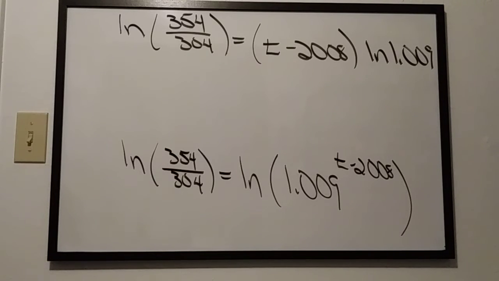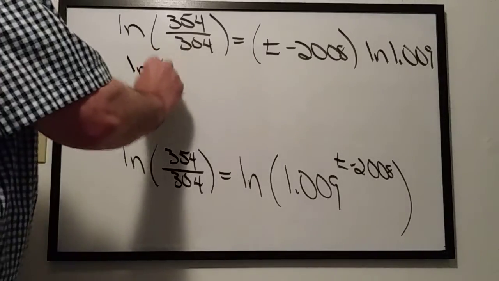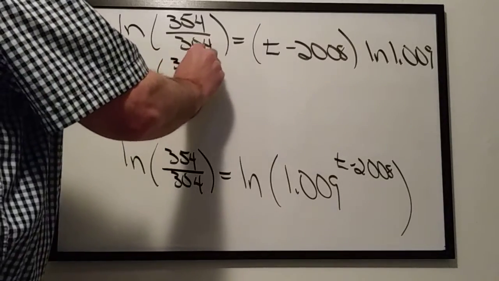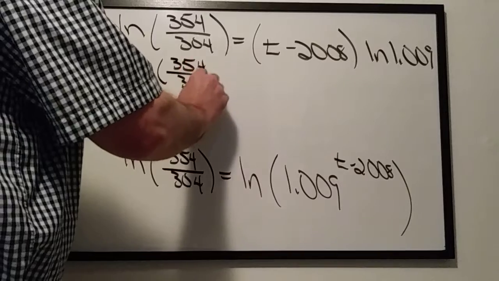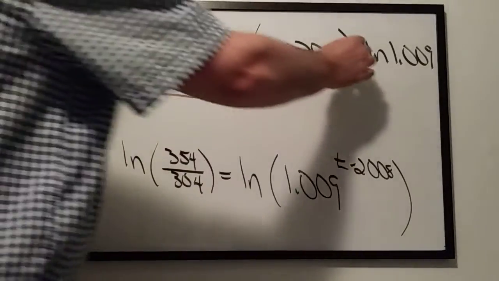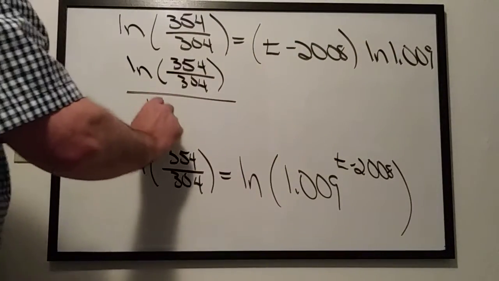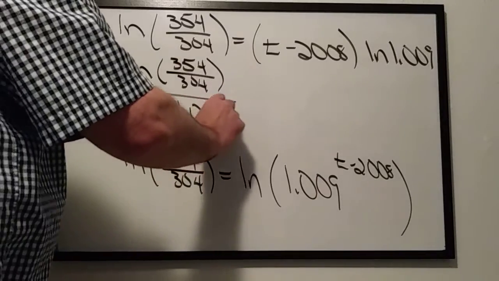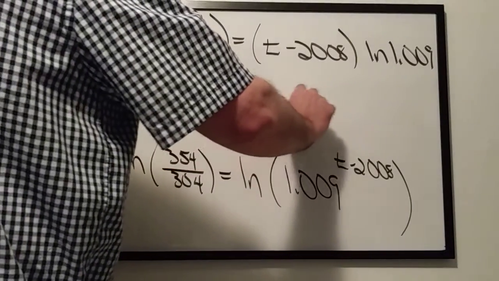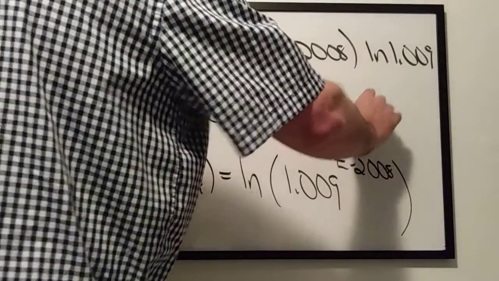I can go ahead and divide both sides by the natural log of 1.009, and that's going to at least get the t more alone. So that's what I'm going to do. Not the only way we could move forward, but it's one way. So we have the natural log on the left-hand side, and I'm going to divide that by the natural log of 1.009, and that's equal to t minus 2008.